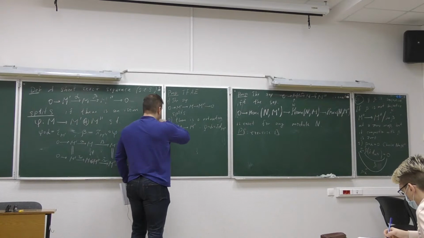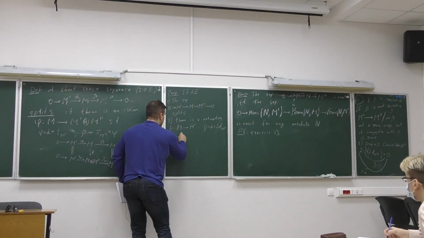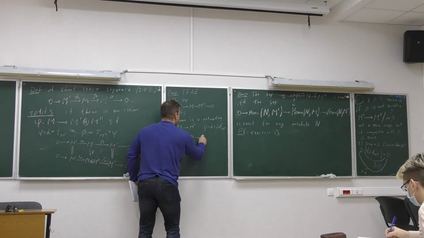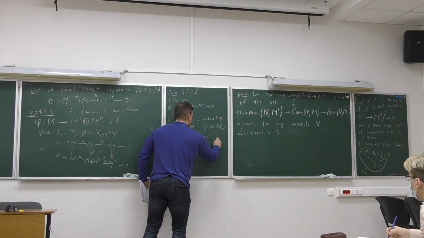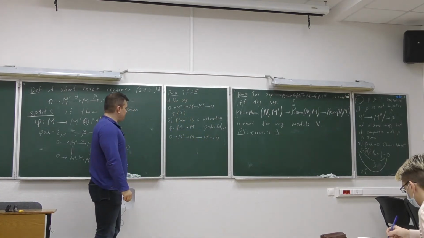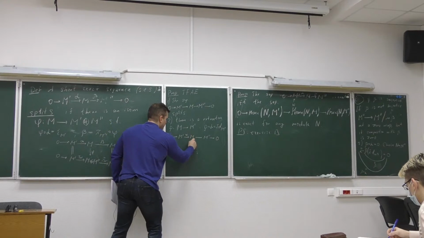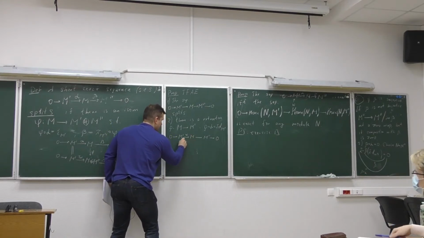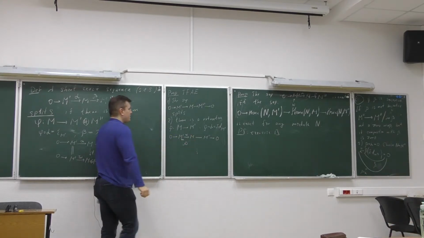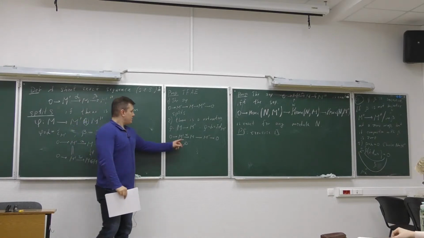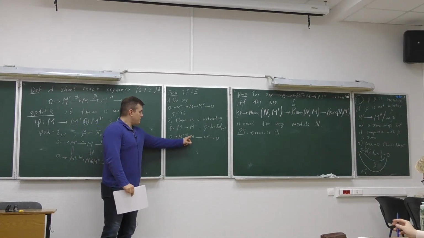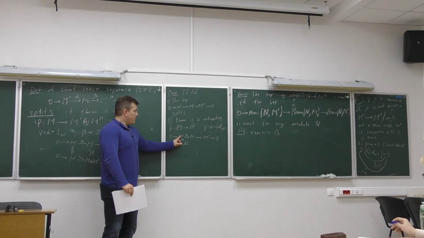So if you go back to the short exact sequence, this is the map alpha, and there is a map rho that goes in the other direction, such that if you first apply alpha, then apply rho, you go from m prime to m prime.